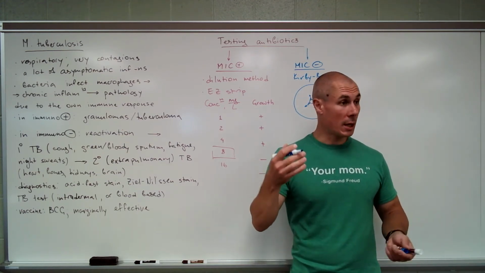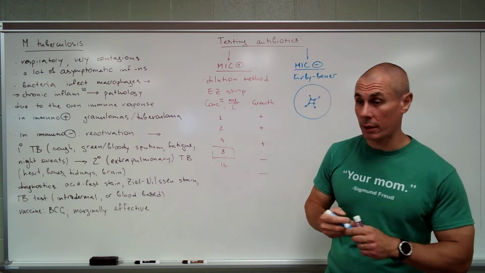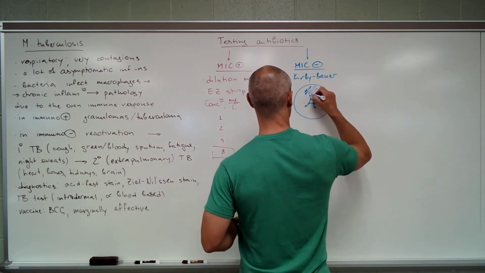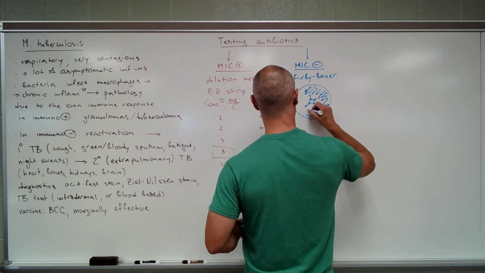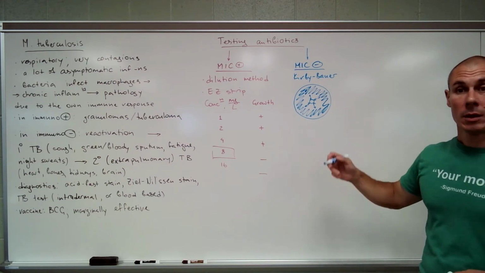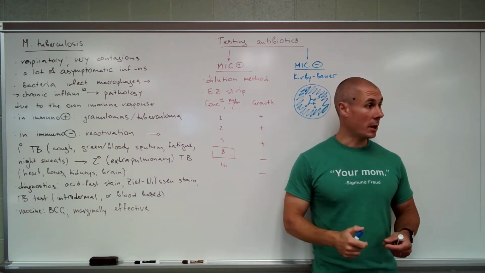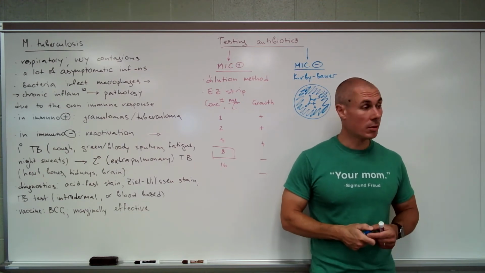So at some point the concentration becomes so low that it doesn't inhibit the growth of microorganisms, and you will see an inhibition zone, something like that. You see? By the size of inhibition zone, you can determine whether or not the microorganism is sensitive to your antibiotic.